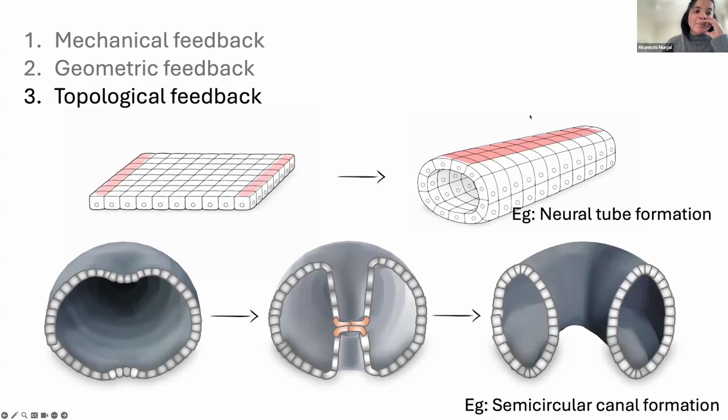In another example, I'm going to go into a little bit more detail about this, if I have time. It is this organ that we study in the lab, the formation of the semicircular canal. It starts off, actually, the first topological transition I haven't shown here is just cavitation of a group of cells that make this ellipsoidal structure. We're only looking at half of that ellipsoid.